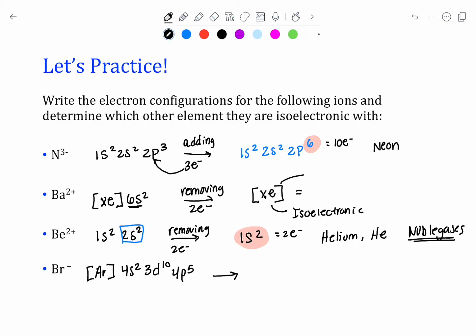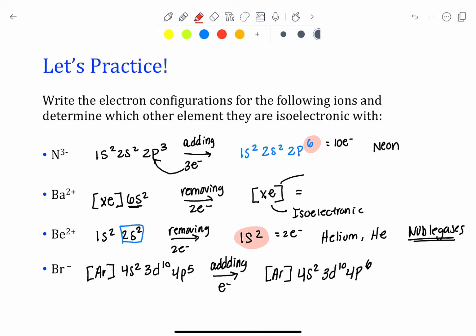And if we're doing Br-, that means we're adding an electron, because the minus tells us that we have more electrons than protons, so we have to add electrons on. So this then becomes argon 4s2, 3d10, 4p6.